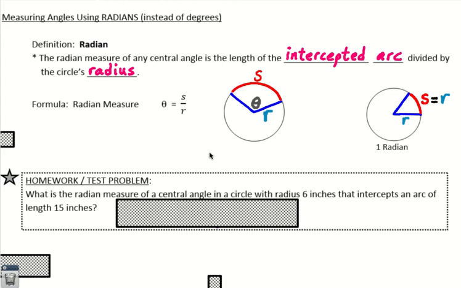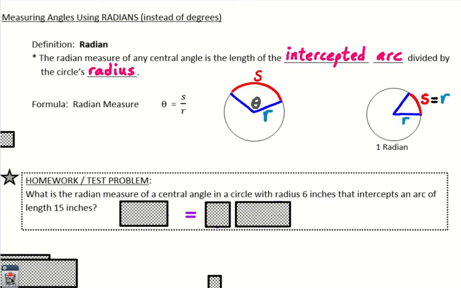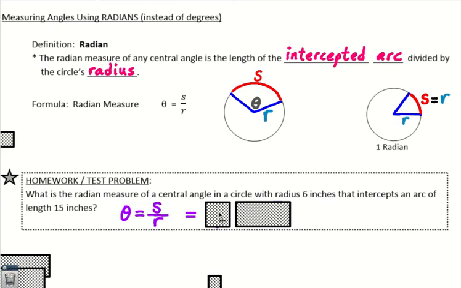Well, what we have here is them just blatantly giving you the ingredients of your formula. They gave you S, they gave you R, so all you have to do is plug it into the formula. Again, not a very deep problem, just plug the numbers into the formula that they gave you for free.